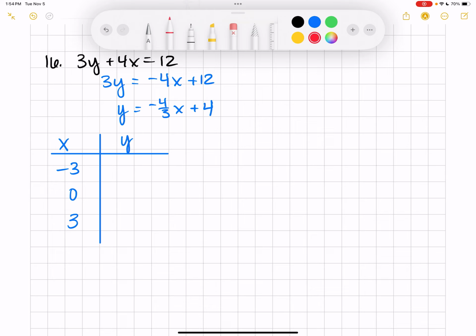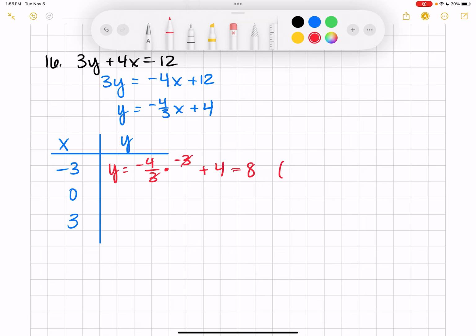Okay? So y equals negative 4 over 3 times, remember that x is really on top, so negative 3 plus 4. So 3 and negative 3 reduce. So I end up with negative 4 times, don't forget this negative over here, negative 4 times negative 1 is 4, and then 4 plus 4 is 8.